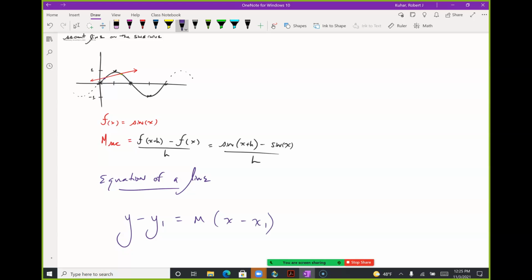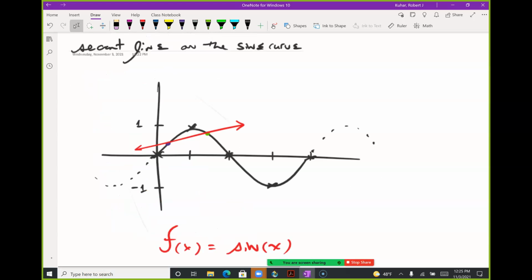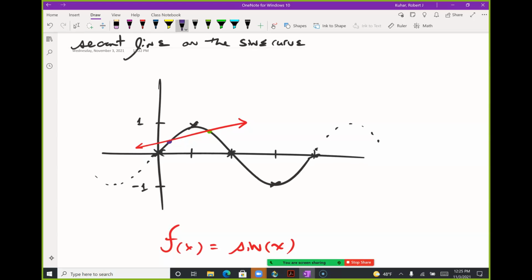Beautiful. And so if we can adjust this a little bit, right? For example, we're going to put in for this point a comma f of a, and for this point a plus h comma f of a plus h, right?